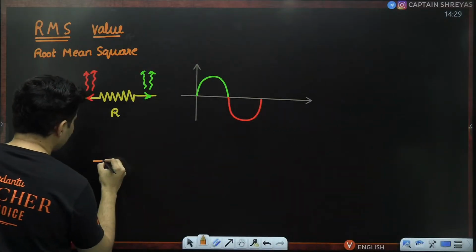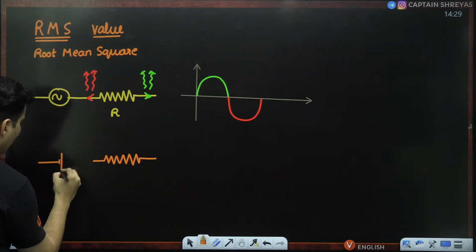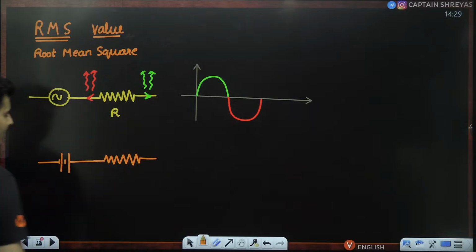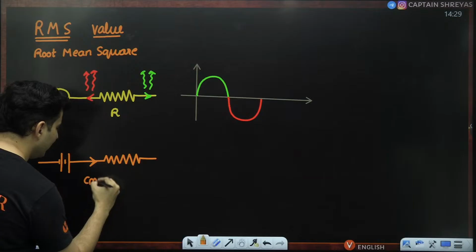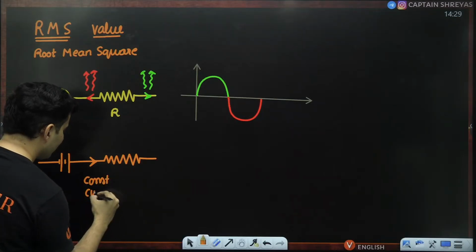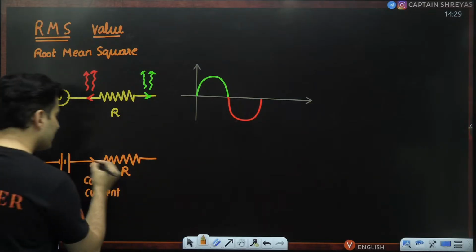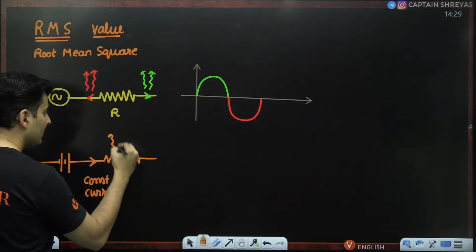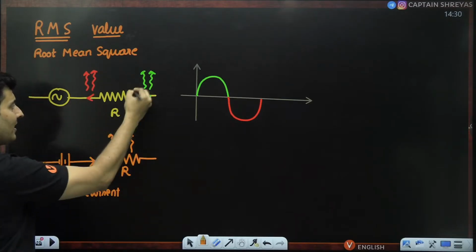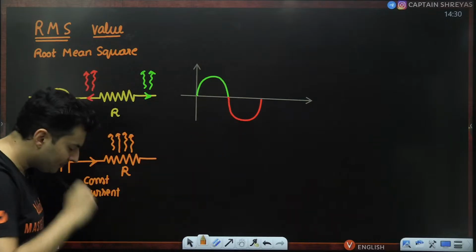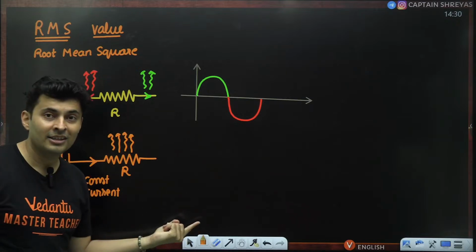Imagine I use that same resistance, but this time I attach it to a DC circuit, and I end up passing a constant current in it, such that when that current passes, the amount of heat which is generated is exactly the same as that of the AC current.